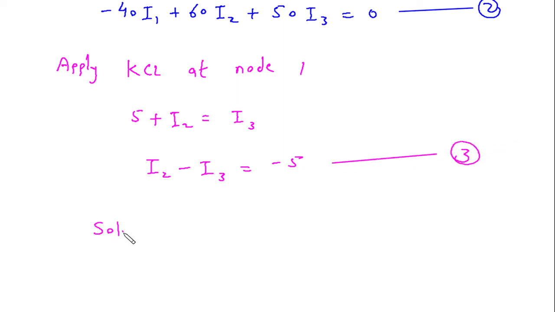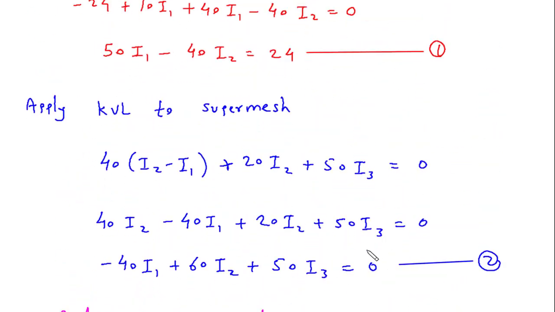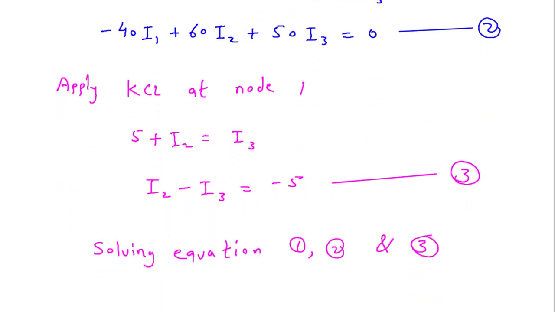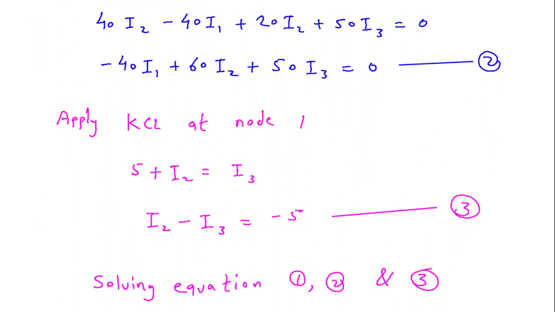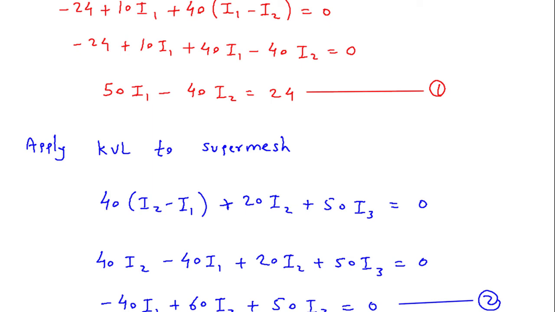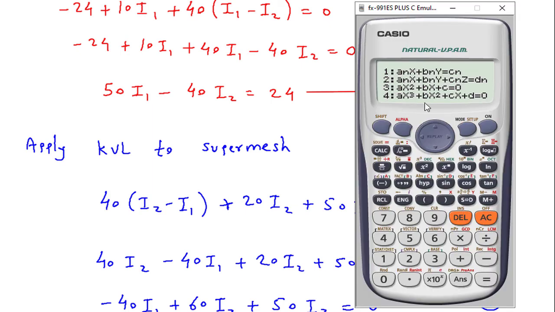Now solving equations 1, 2 and 3, we get: from equation 1, 50, minus 40, 0, 24.